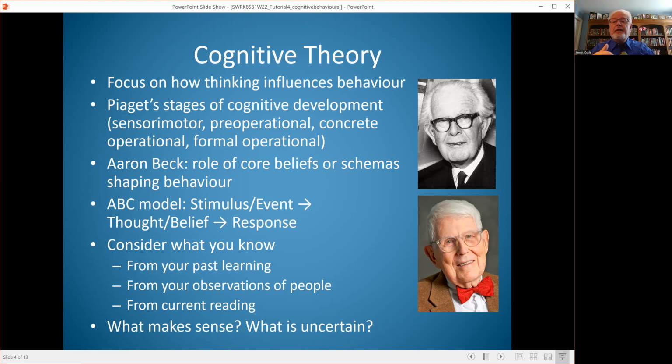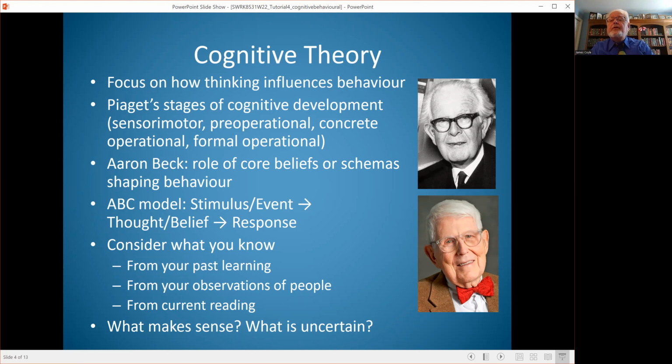It isn't until a person gets to pre-adolescent, adolescent stage that they're able to begin to think abstractly, and they get to that formal operational stage where they can look at hypotheticals and they can begin to be aware of morality and ethical situations. And generally speaking, cognitive therapy tends to require that people are able to have this hypothetical thinking, this ability to think abstractly in order to use this approach.